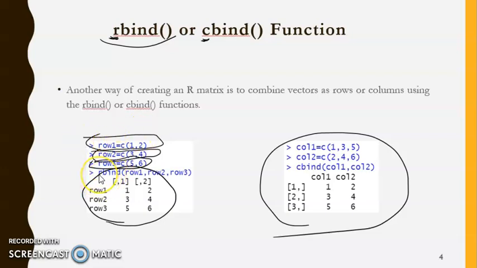But here, my friends, when you see it says rbind row 1, row 2, row 3, since it is not saving the result of this command in any variable, you see the results are printed over here. The same for here.